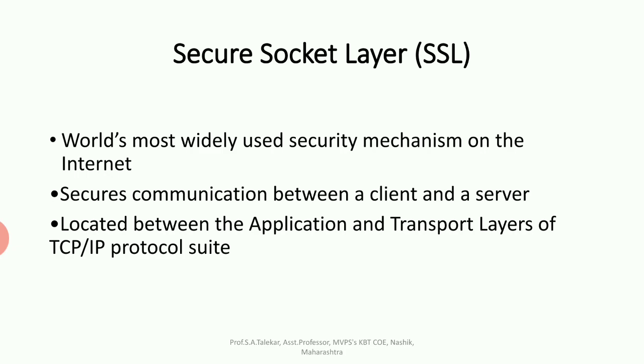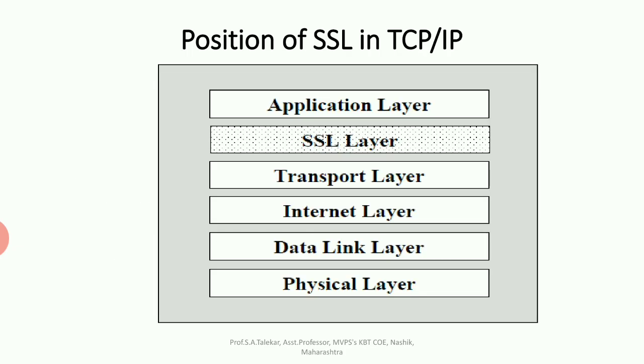Secure Socket Layer is the world's most widely used security mechanism on the internet. It secures the communication between client and server, and it is located between the application and transport layers of the TCP/IP protocol suite. We can see here the position of SSL in the TCP/IP model.